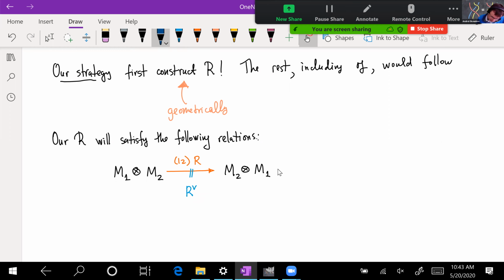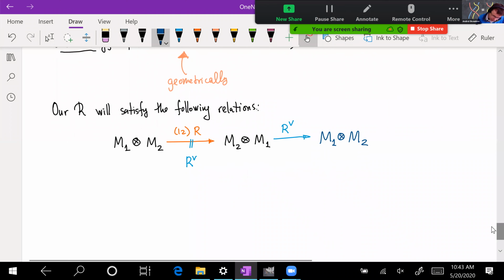And then of course you can apply this R check again. If you take the square, you're going to have an interesting map from this module to itself. You might have seen pictures like this in ordinary textbooks on quantum groups.